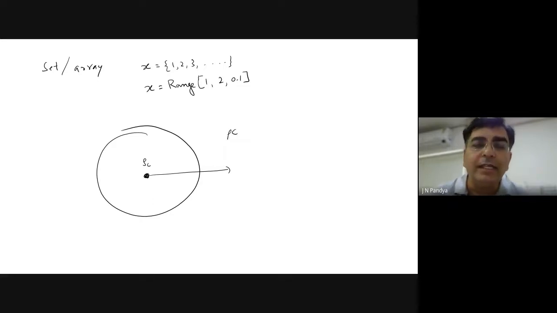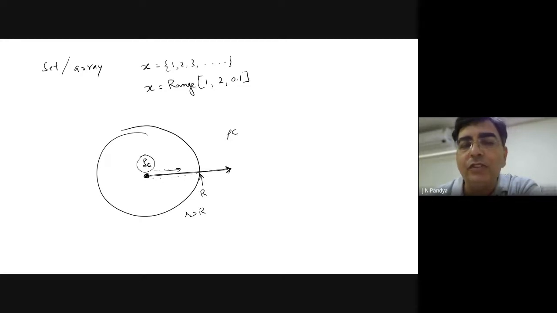As I go out, before you actually solve any problem, you should have a clear-cut idea about how you are going to solve that particular thing. As I go out, the density is going to decrease. So density at the center is going to be maximum. And when I start moving out, when my radius, say capital R, and this value which I am changing is small r, so when my r is greater than R, the mass accumulated inside will become constant.